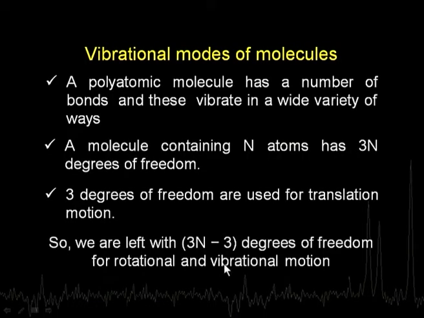So, of the total 3n degrees of freedom, 3 are used for the translational motion, which we are not interested in. We are interested in the vibrational motion. So, we are left with 3n minus 3 degrees, which are for the rotational and vibrational motion of the molecule. As far as rotational motion goes, that depends on the geometry of the molecule.